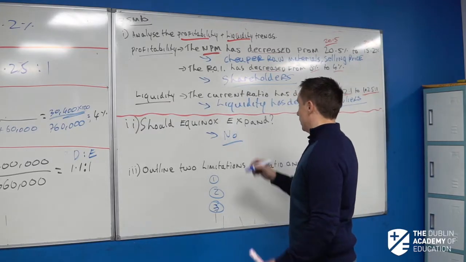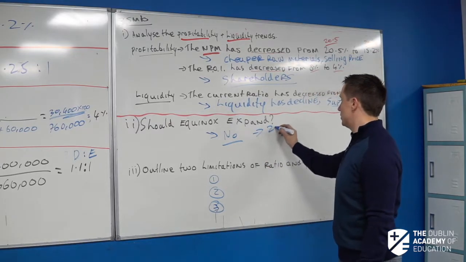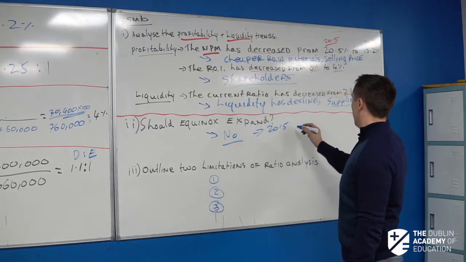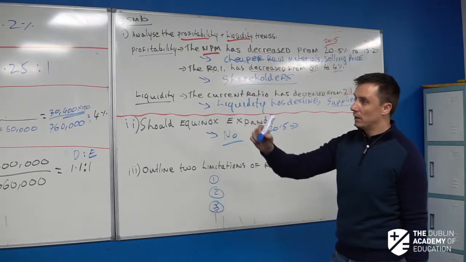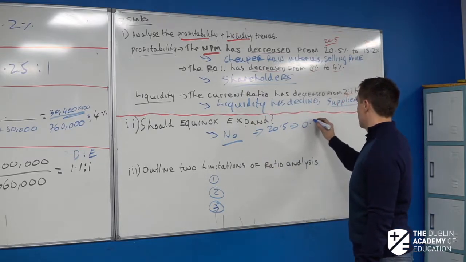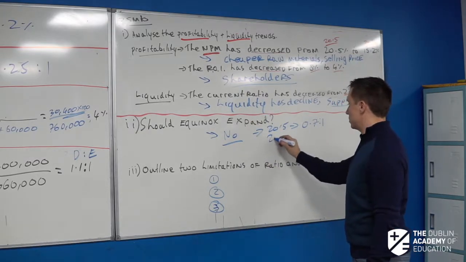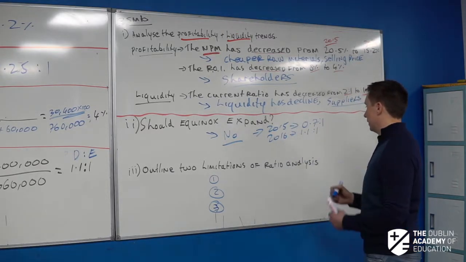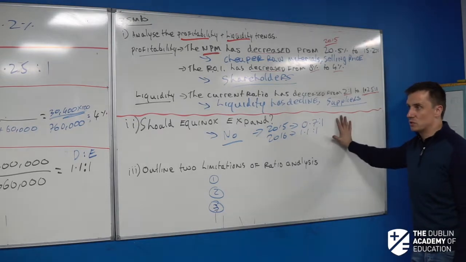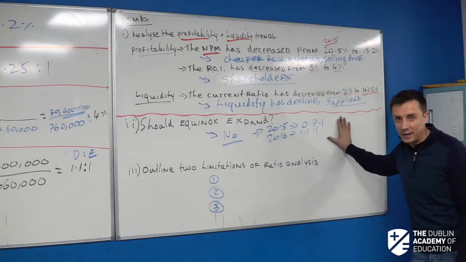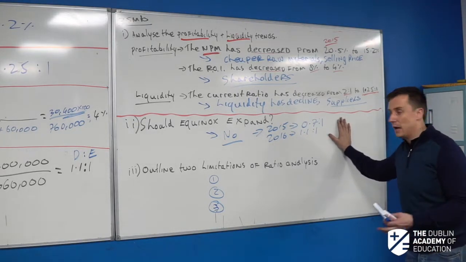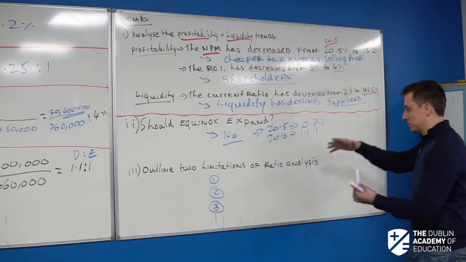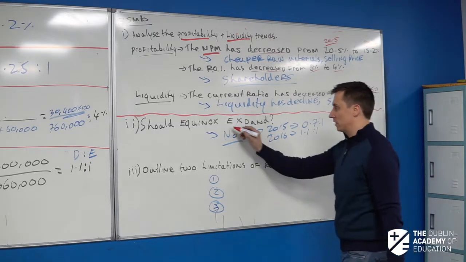No. Because in 2015, their debt equity ratio was 0.7 to 1. Now in 2016, their debt equity ratio is 1.1 to 1. So what we've seen here, guys, is this company's gearing, their debt equity ratio, has increased. That's going to be very negative if they're considering expansion.